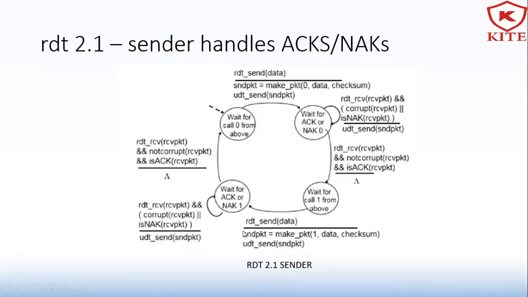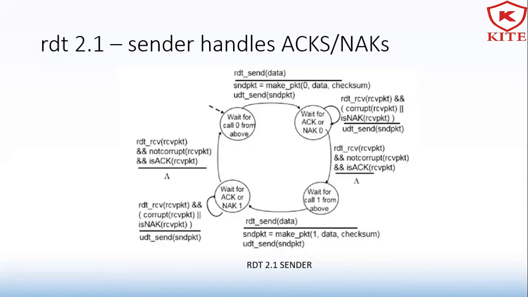Now, in case the acknowledgement packet is corrupted, or it is a negative acknowledgement, then it retransmits the last packet to the receiver. Now in this state, when it receives data from the above layer, it creates a packet with the data and its checksum value.